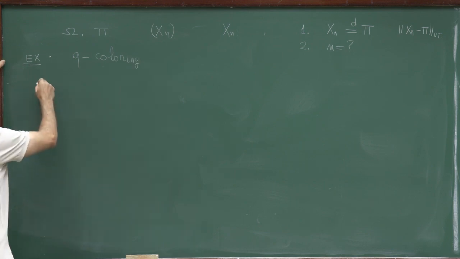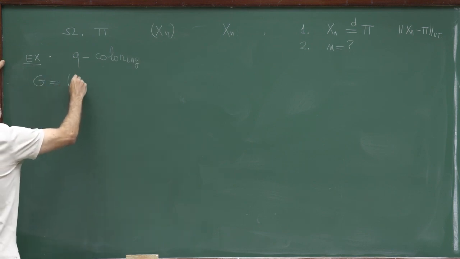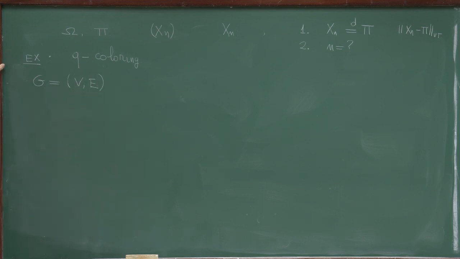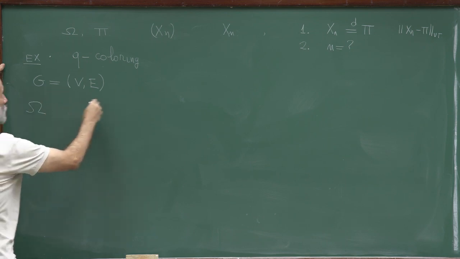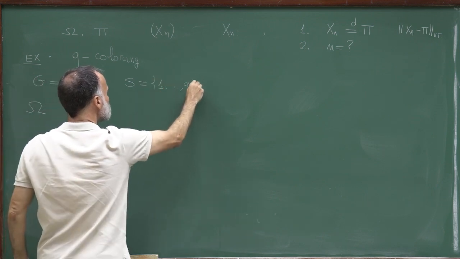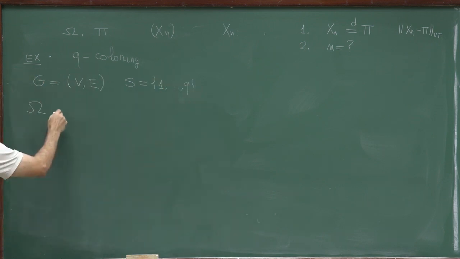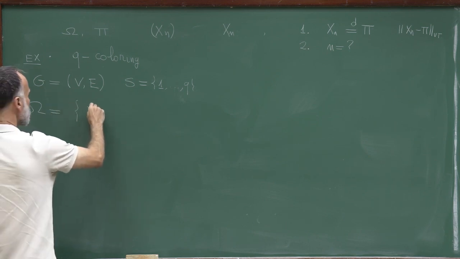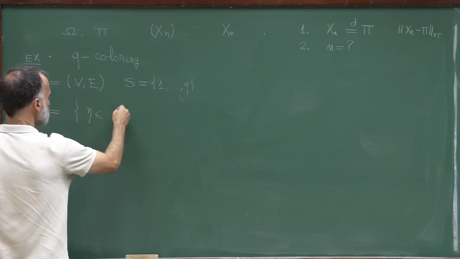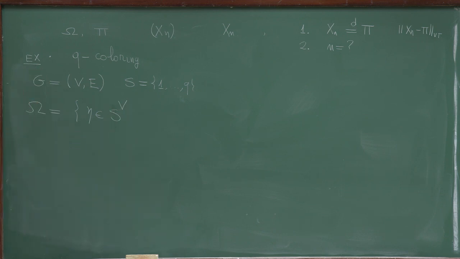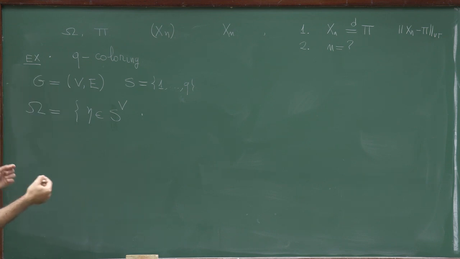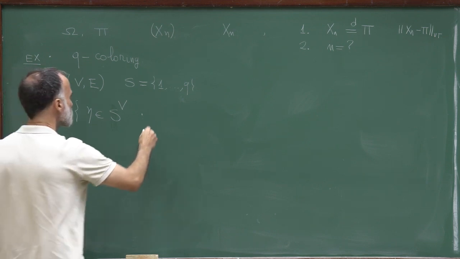Remember, in the q-coloring problem, we started with a graph G given by vertices and edges, and we have S, which is the set of colors, 1 to q, and we define the state space omega as all colorings of these vertices, so S to the power V. But what we require is that if you take two vertices which are connected by an edge, the colors of these vertices are different.